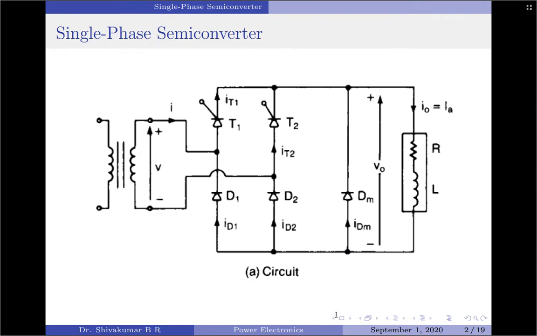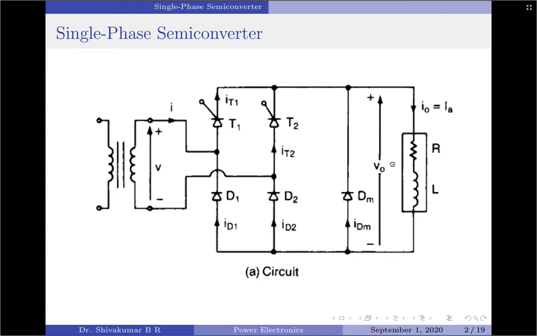This circuit indicates a single phase semi-converter with an inductive load and a freewheeling diode. It is to be noted that we have two thyristors and two diodes connected to form a bridge. So the control comes from the fact that we are using thyristors, and since diodes are also used, we call it a semi-converter.